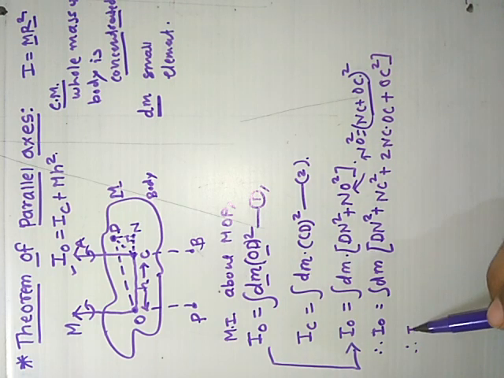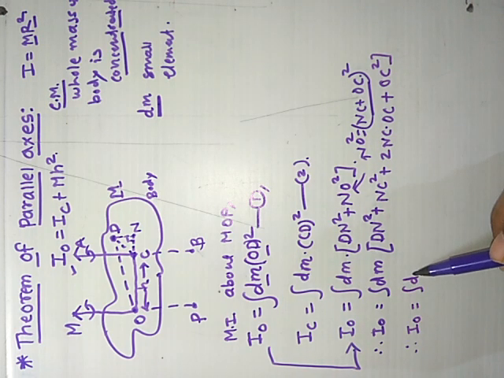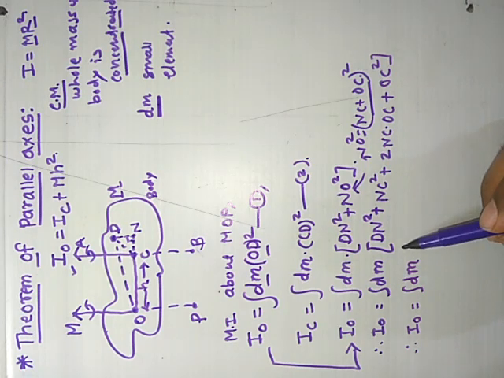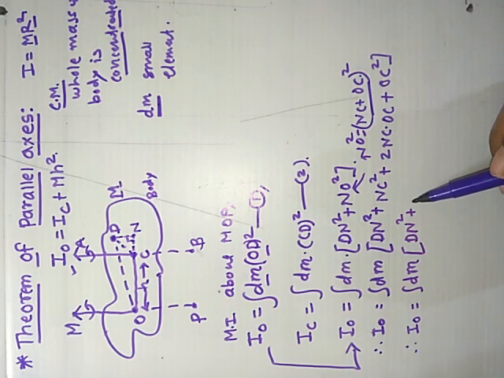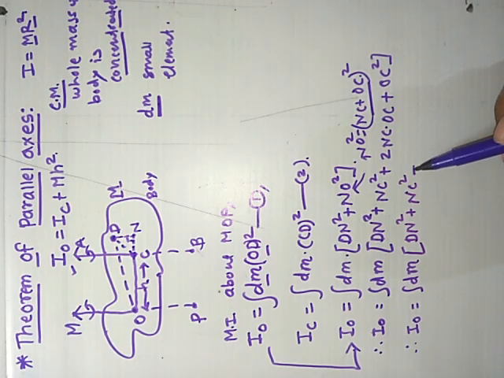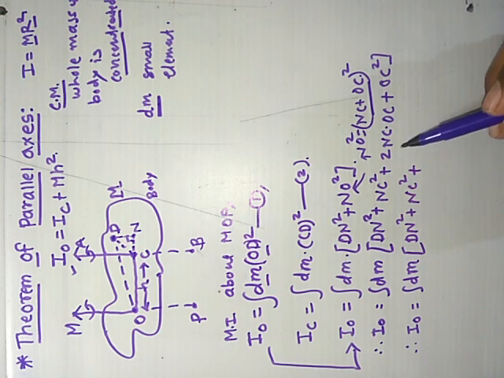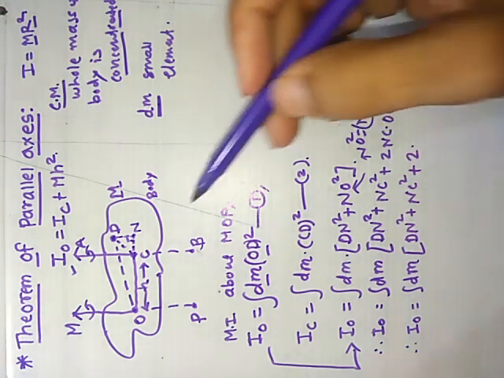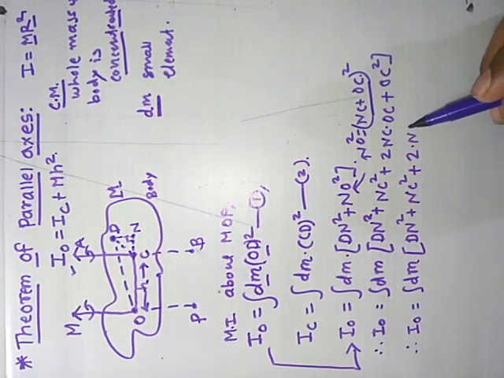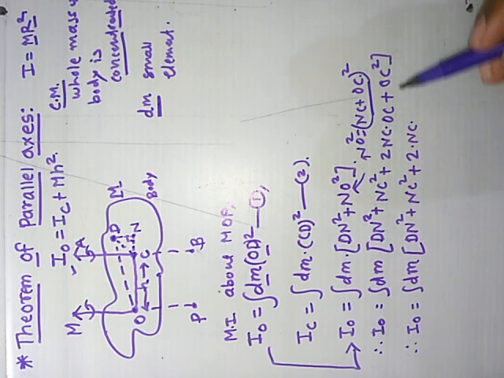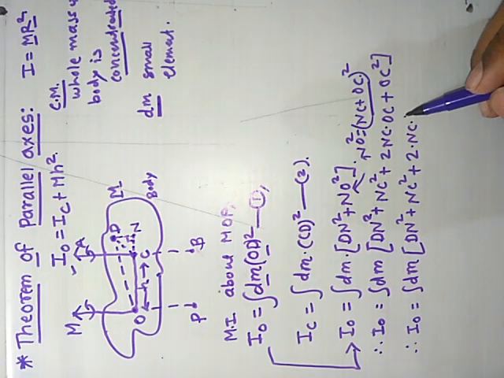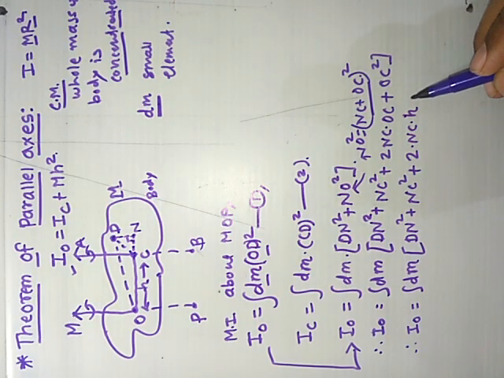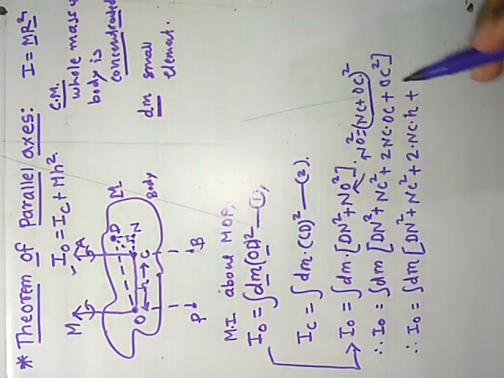Therefore IO equal to integration of dm, and again we can write DN square plus NC square, plus 2 times NC into OC. So OC is nothing but H. I put the value here H, and plus OC square means again H square.